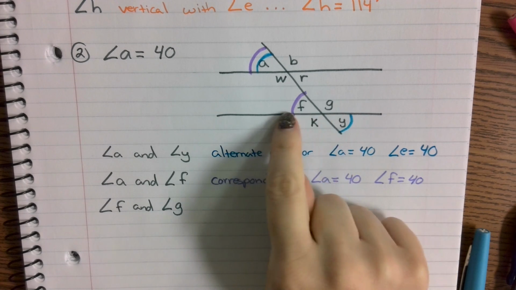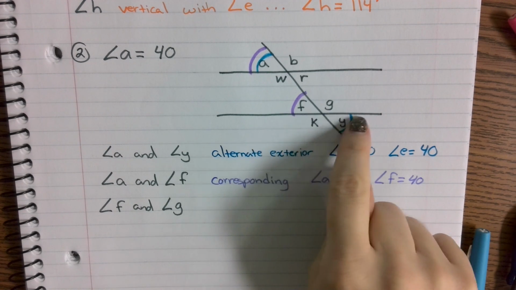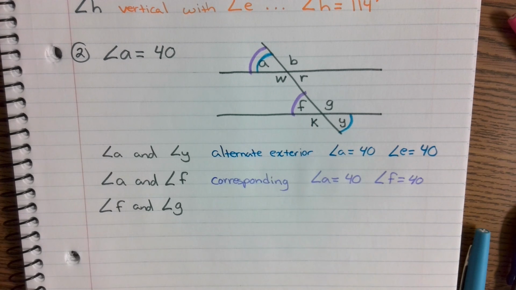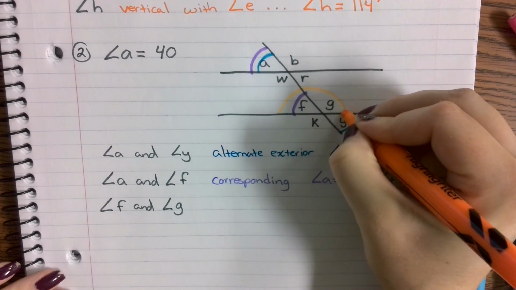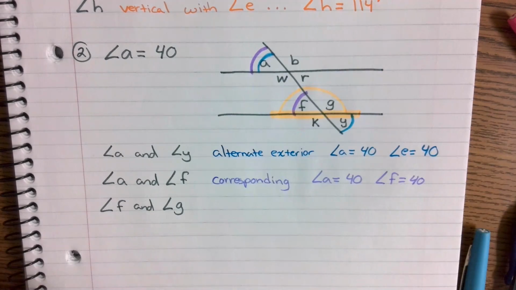Look what they're forming. Aiden? Supplementary. Good. They are supplementary. So we'll go ahead and do that in orange for here. Angle F and G are going to form a straight line, right?